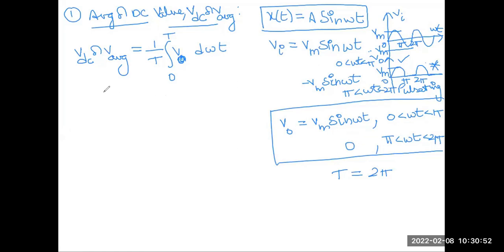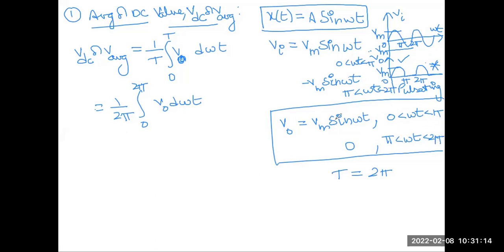Now what can I do? Let us substitute. It is 1 by 2 pi integral 0 to 2 pi of V0 d omega t. But as I said, our output for 0 to 2 pi is not the same.